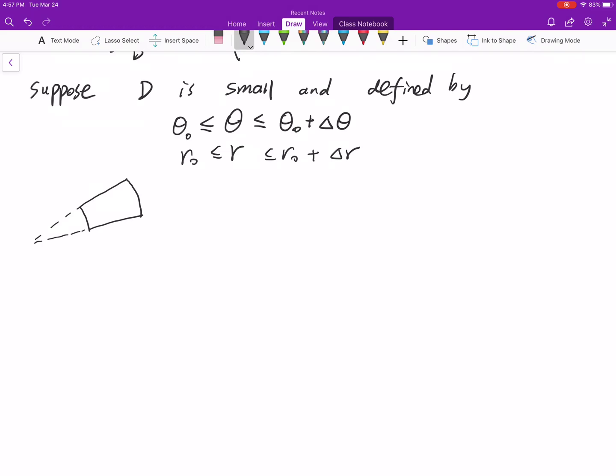So the angle here, recall that here we are still in the xy plane, is theta 0, and the angle here is theta 0 plus delta theta. And the length of the radial part here is R0, and for this part is R0 plus delta R.